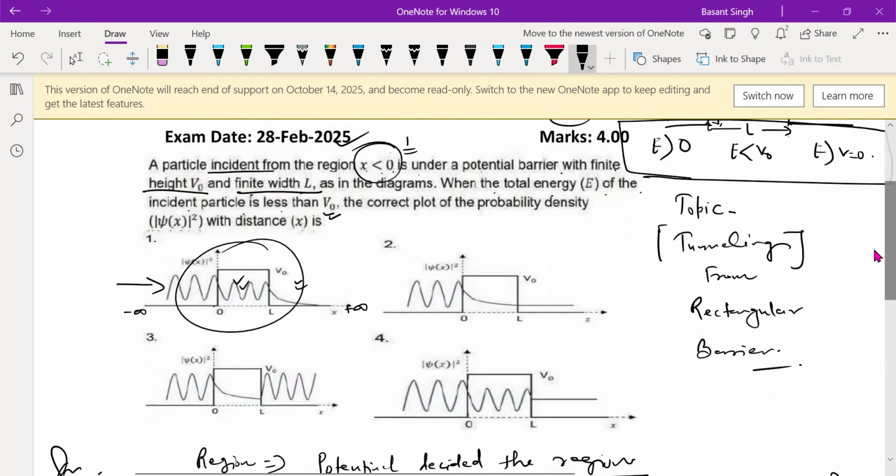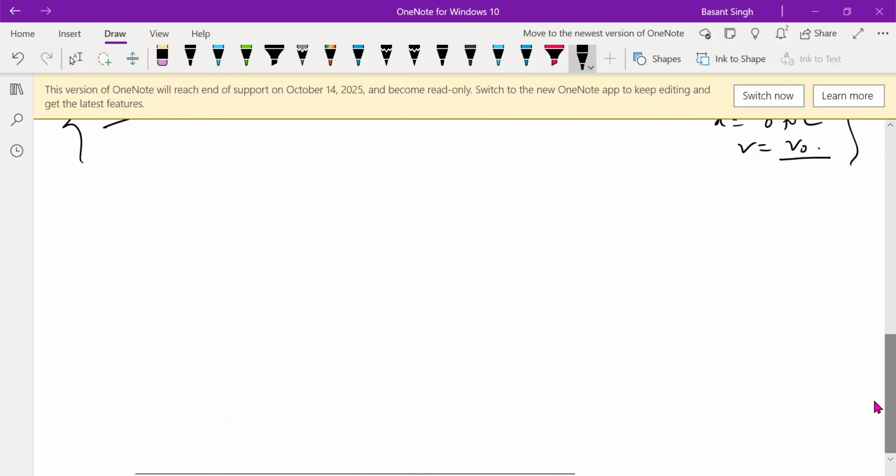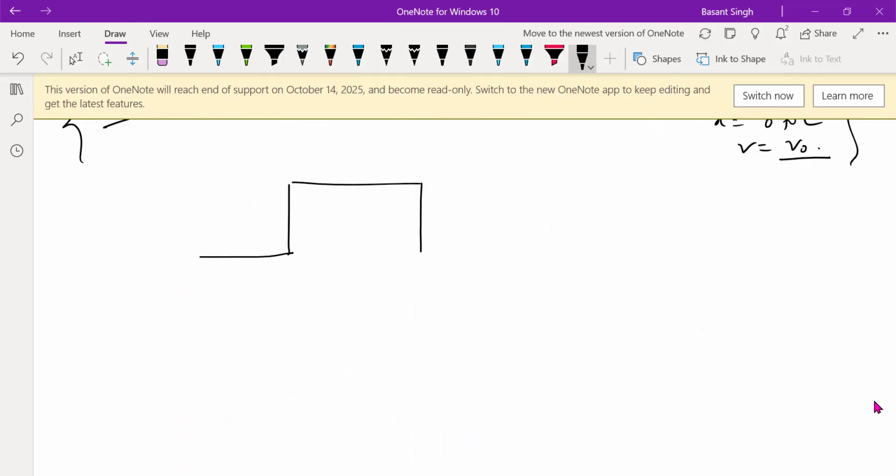First of all, we see what the wave functions are in these three regions.